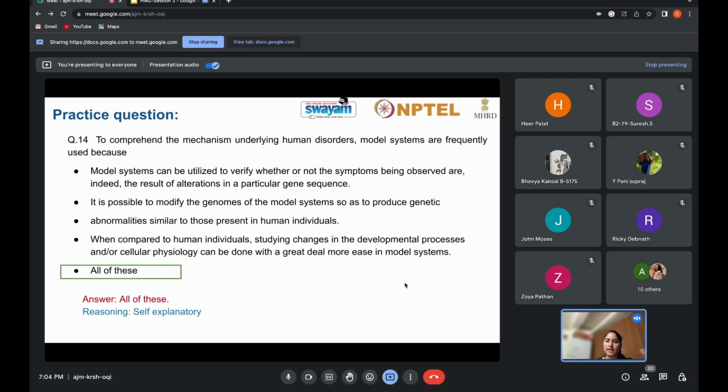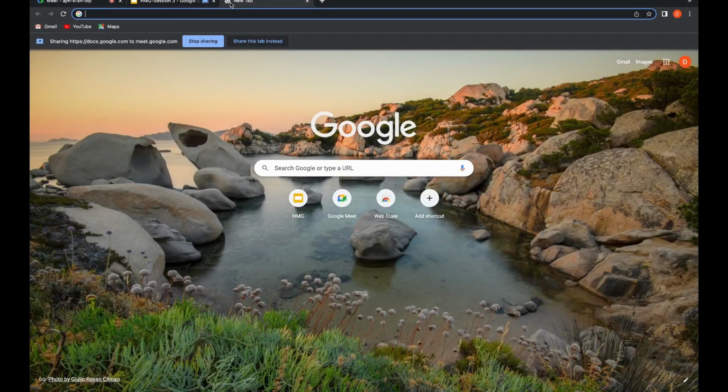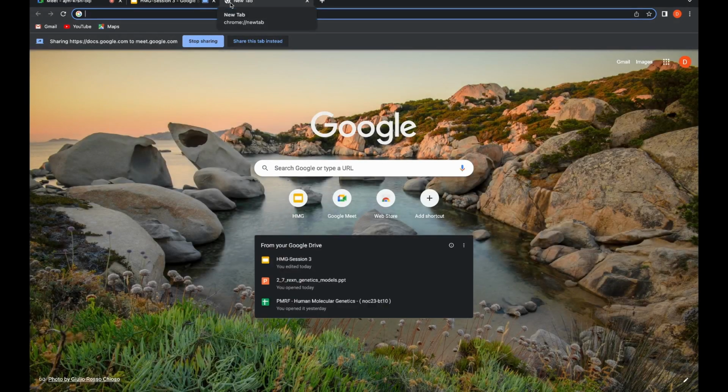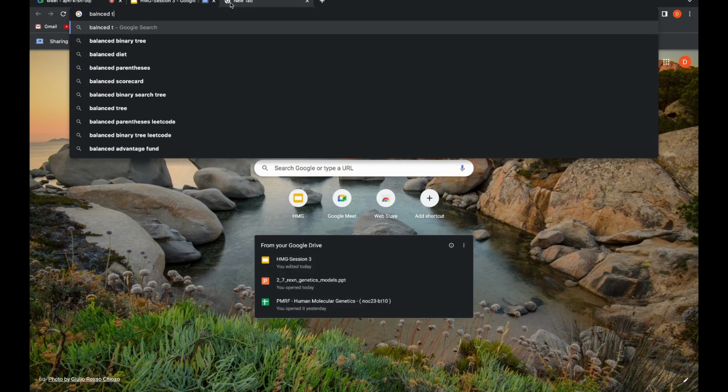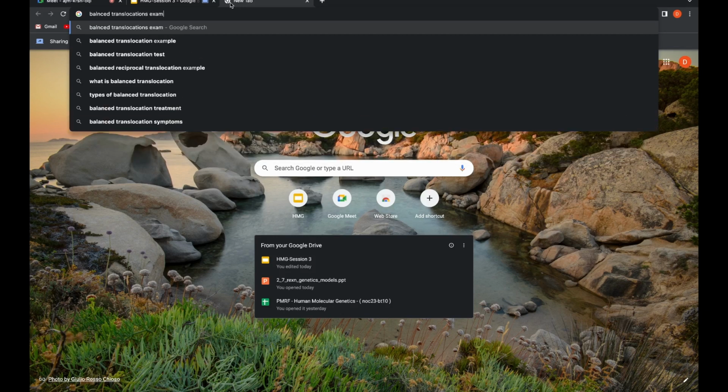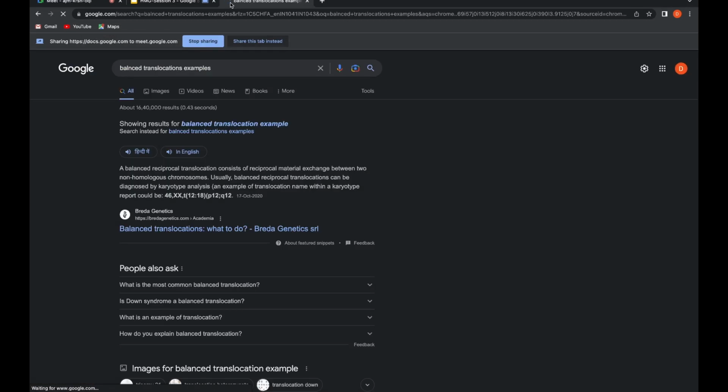But in the balanced, it can either cause some disease and be detrimental, or it cannot have any effect. I will check for a few examples of balanced translocation if there are any.